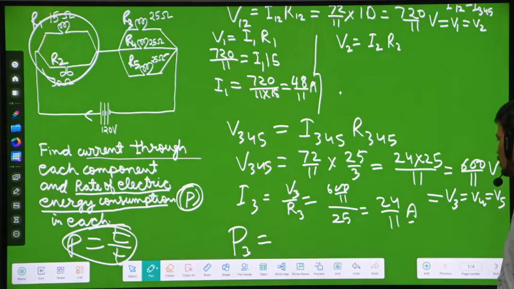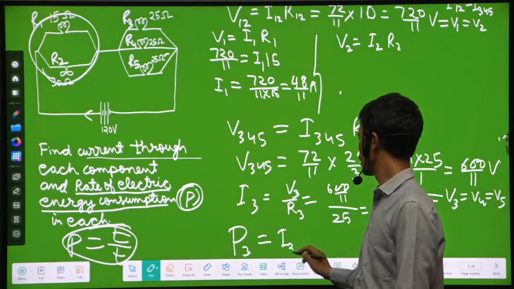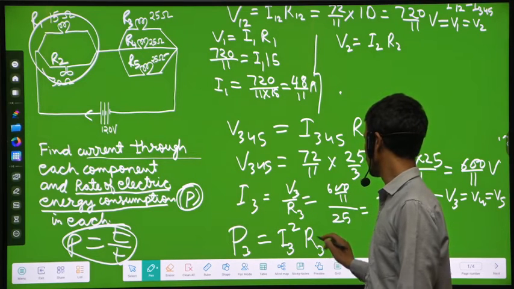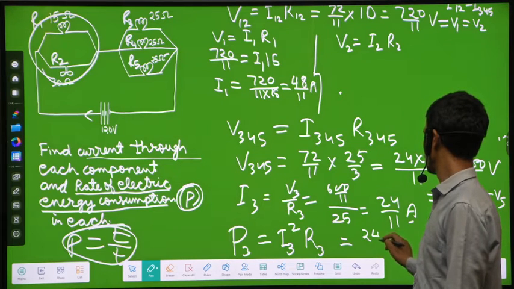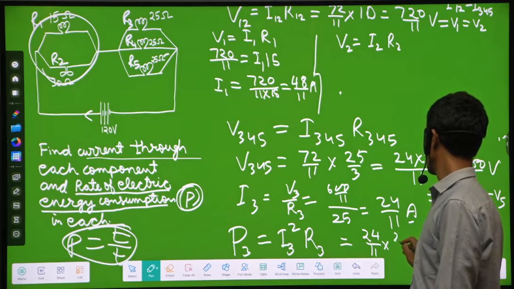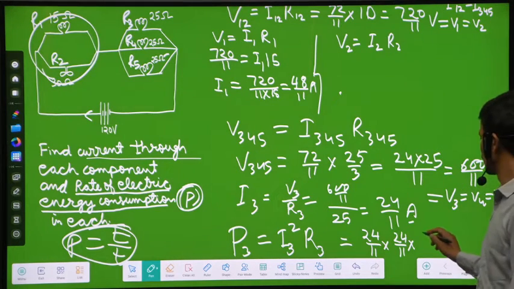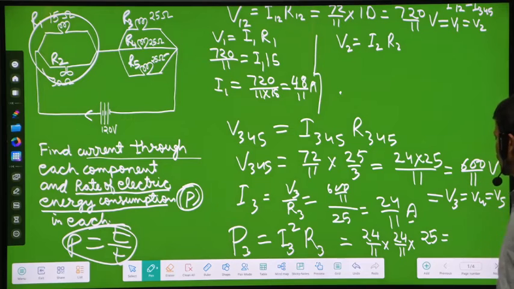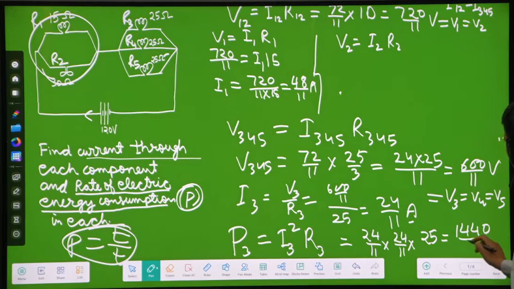Here we have current and resistance both, so why don't we go for this formula? I square R3, R3 is 25, so it will be in watt.